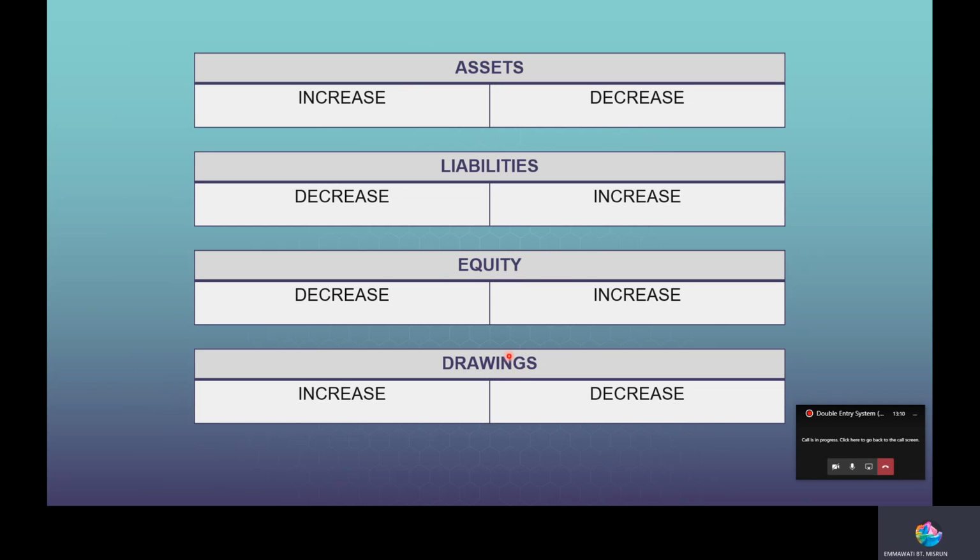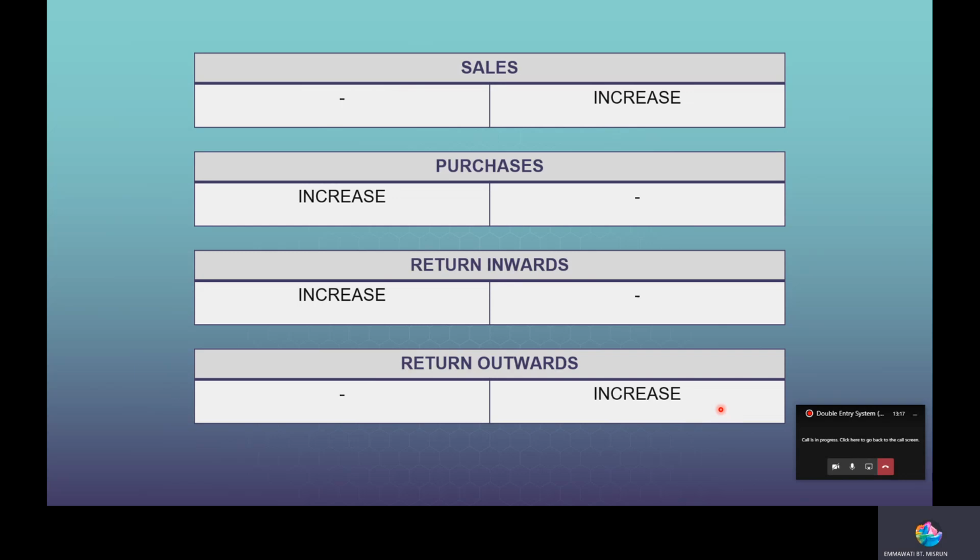Drawings increase, debit. Drawings decrease, credit. Sales will always increase. Sales cannot decrease. So this is why you don't have decrease for sales. Okay, penjualan sentiasa bertambah. Awak tak boleh kurangkan penjualan.